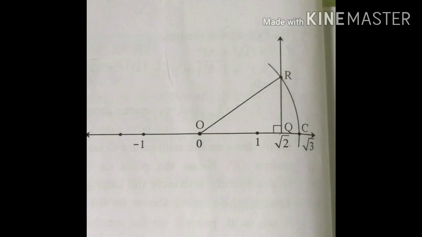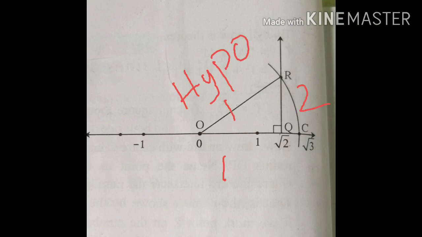This is the diagram of question number 1. It is a right angle triangle, children. OQ is side 1, QR is side 2, OR is the hypotenuse. Here OQ is given as root 2, QR is 1 unit, and the hypotenuse is not given. We have to find the hypotenuse by using the Pythagoras theorem.